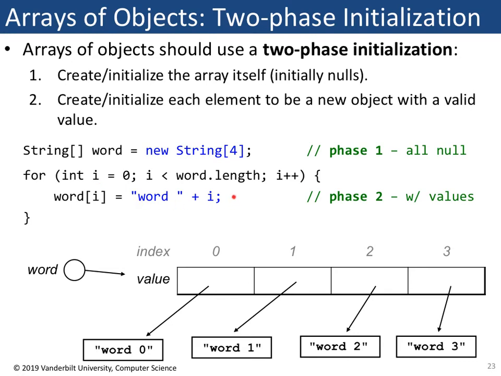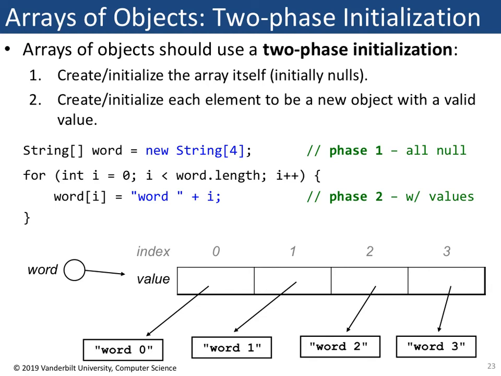So this will create a string object word 0 and store it in element 0 of the word array. Word 1, store that in element 1 of the word array, and so forth up till the third element of our array, which is the last element. So it'll look like this. We have the reference variable word, which contains the reference to the array object in memory. And this array object is a string array object, so each of these elements can only point to a string.